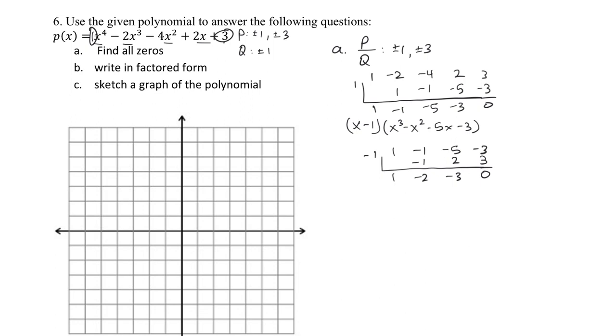Okay, it looks like we found that negative 1 is a 0. So if x equals negative 1 is the 0, then x plus 1 is a factor. And then these are coefficients of a polynomial that's 1 degree less than here. So this is degree 3, so then these are the coefficients of a degree 2. So this is going to be 1x squared minus 2x minus 3, and then I'm going to bring this factor down.